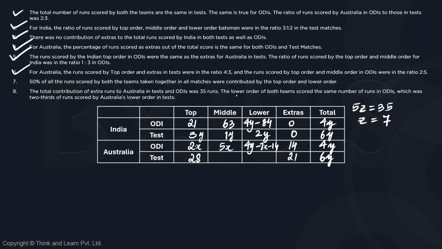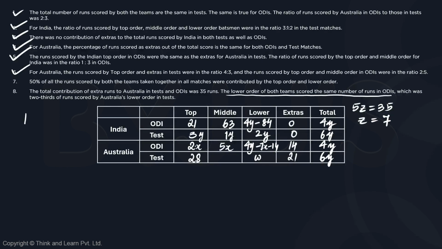Okay, next statement is the lower order of both the teams scored the same number of runs in ODIs, which was 2/3 of the runs scored by Australia's lower order in tests. So if I take this as W, the first thing that we come to know is that the lower order of both the teams scored the same number of runs in ODIs.